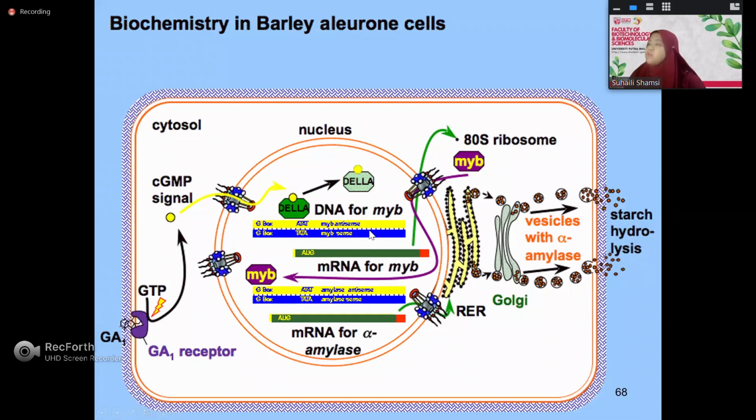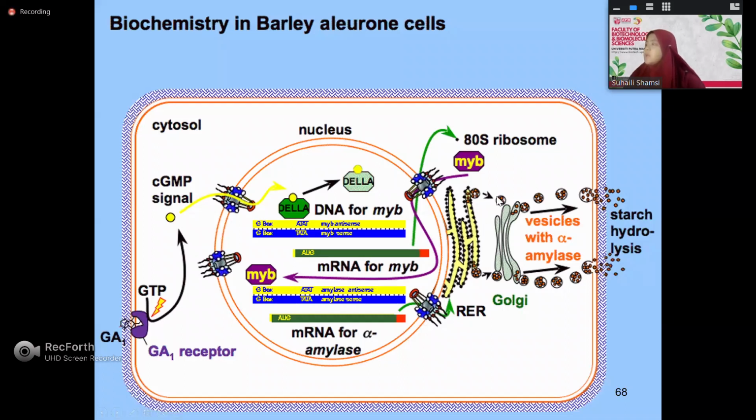And then after that, it induces transcription of the MYB gene, making more mRNA, which will be translated into protein. So you can see the mRNA for alpha amylase, which eventually is converted into protein, right?